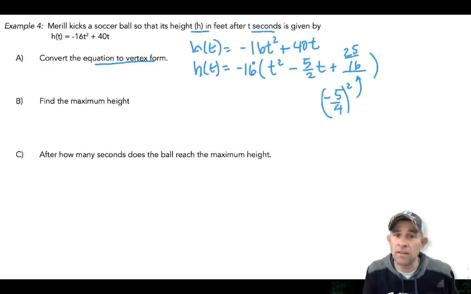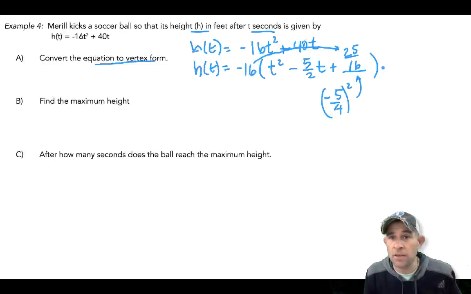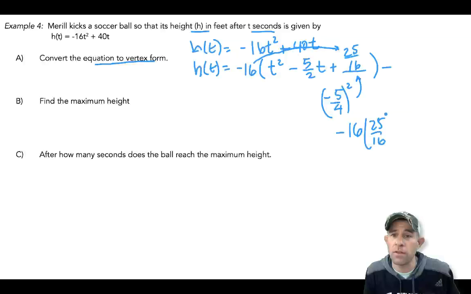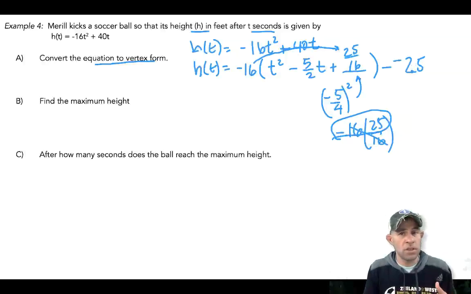I added -16 times 25/16. So what I need to do out here on the outside is I need to subtract back the multiplication of -16 times 25/16. Now when I multiply those two, our 16s will cancel out and I'll get a -25. So I actually need to subtract a -25, which in the end would be adding 25.